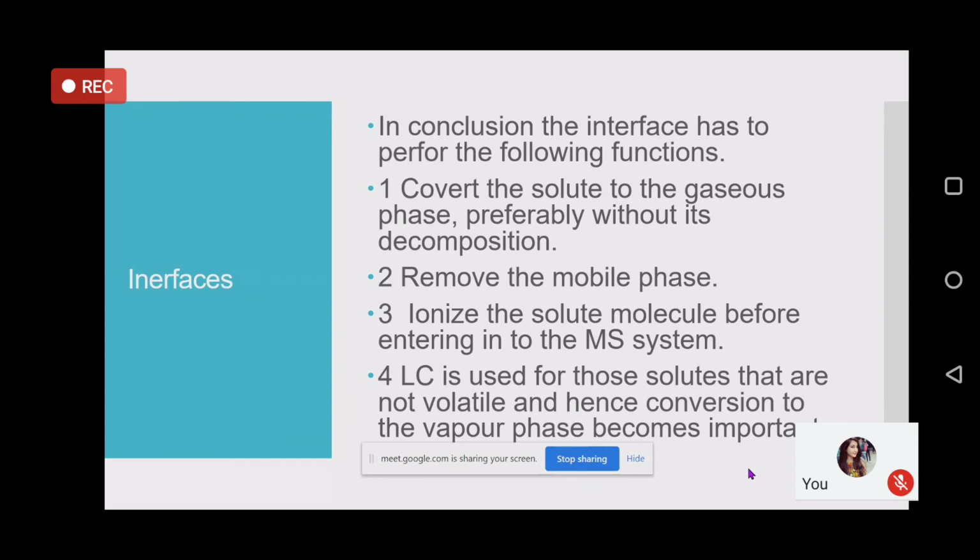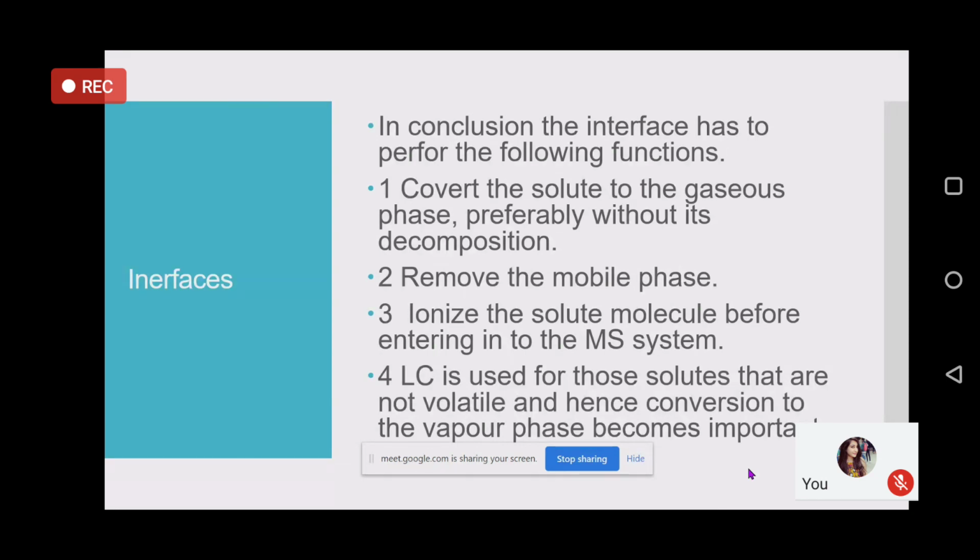A mere LC is sufficient for this purpose because you have a solute which is non-volatile, you have dissolved it in a proper solvent, and LC is capable of separating the components and even estimating them by means of the detectors. So LC of itself is a really complete, sustainable technique. It can take up non-volatile components, separate them, and even analyze them.